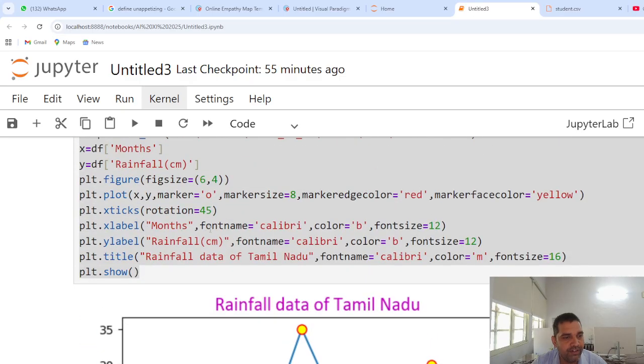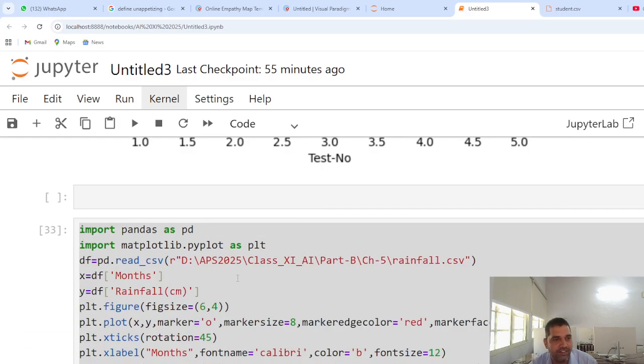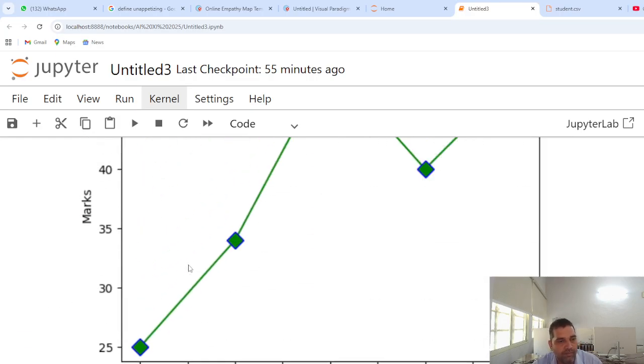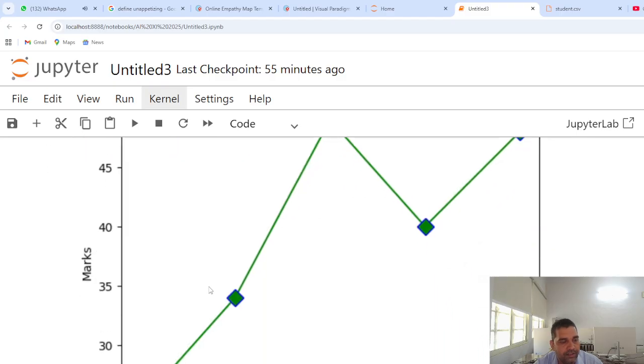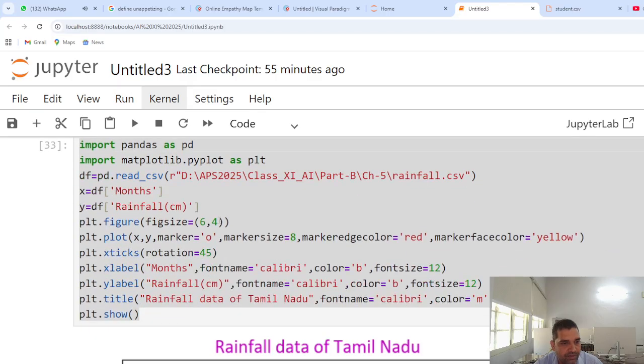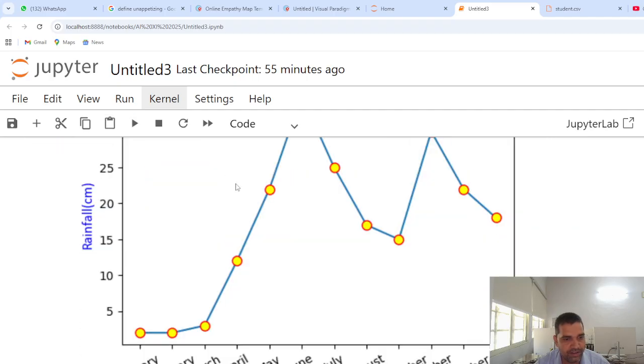Rotation you see is 45 degrees on the x-axis. These labels of the x-axis appear at 45 degrees with the help of the xticks function. So let us change the value. If I make it 30 degrees, you can see the change. See, 30 degrees like this.